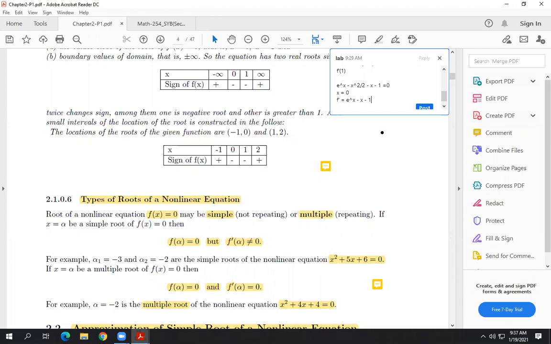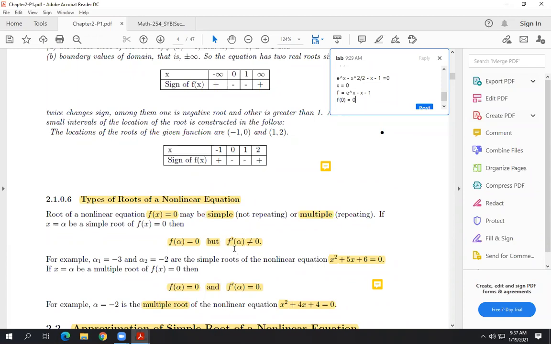This is the derivative. So what is f dash 0? Equal to 0. So it is a multiple root. How to check? By this simple formula.